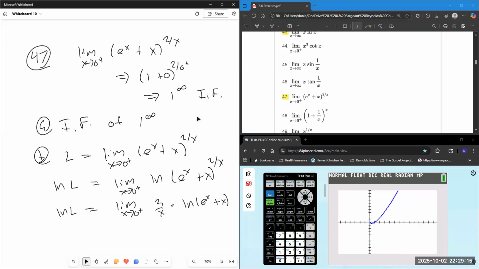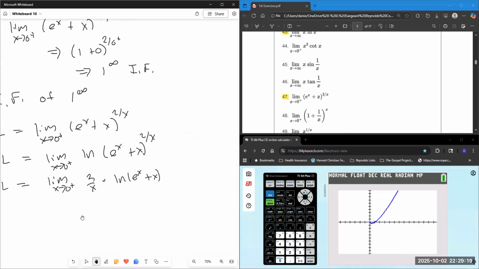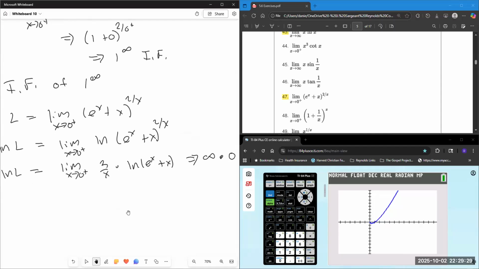If I try direct substitution now, the way that this is written, this is going to go to infinity times 0. That's not quite what I want. I need to fix that to be 0 over 0 or infinity over infinity. So ln of L is limit as x goes to 0 from the right of 2 ln of e to the x plus x over x.